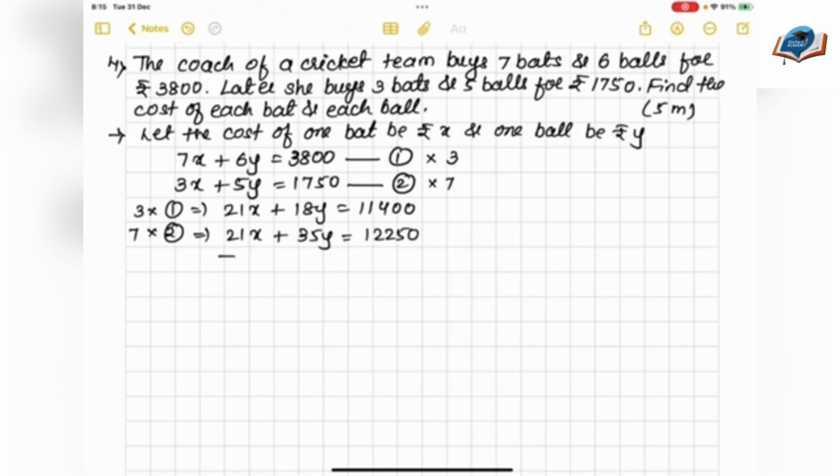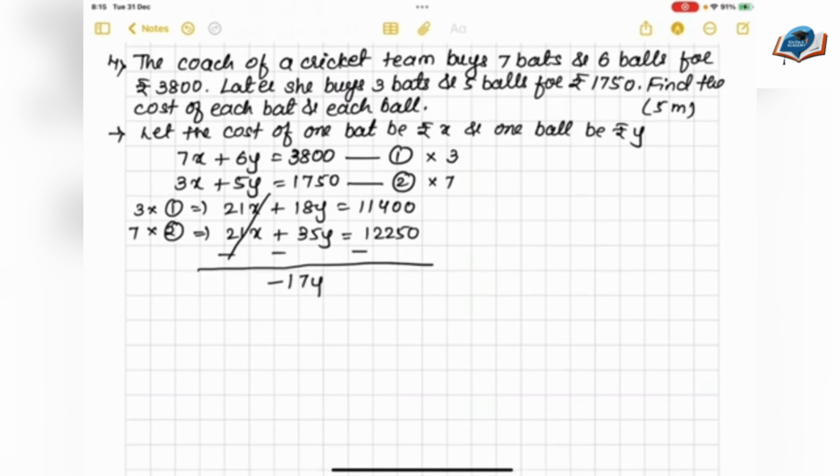Now subtracting both the equations, that is second equation I am subtracting from the first one, so 21x gets cancelled, so minus 17y equal to minus 850. So minus minus both sides got cancelled, so y equal to 850 upon 17, so y equal to 50.